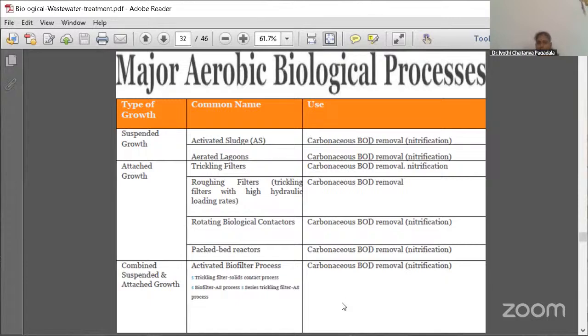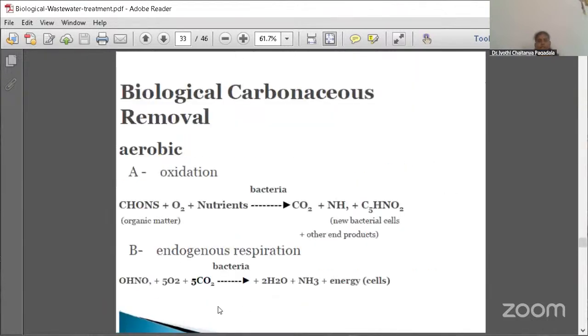All these are used for the removal of carbonaceous BOD. Combined suspended and attached growth processes include the trickling filter solids contact process, the biofilter activated sludge process, and the series trickling filter activated sludge process.